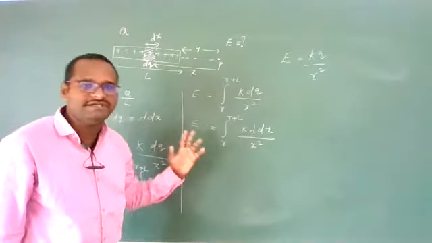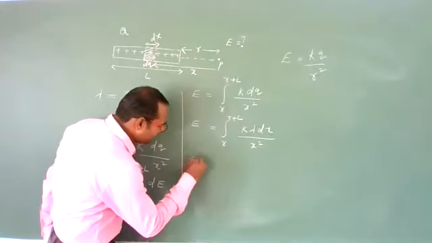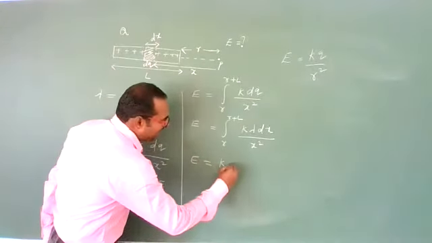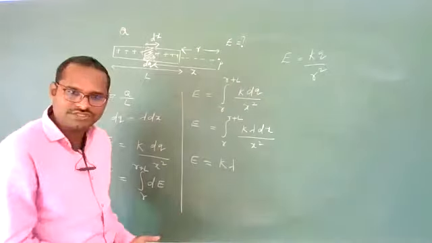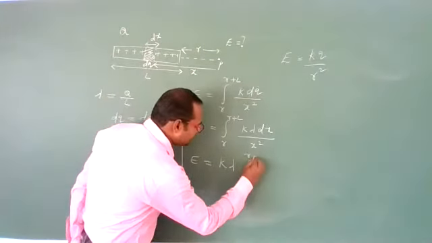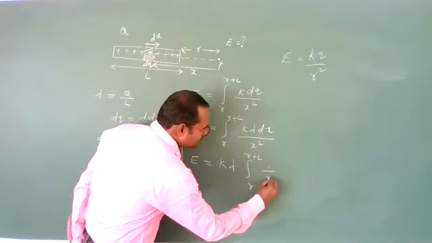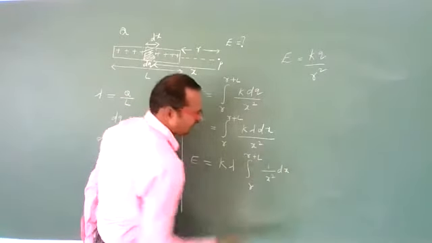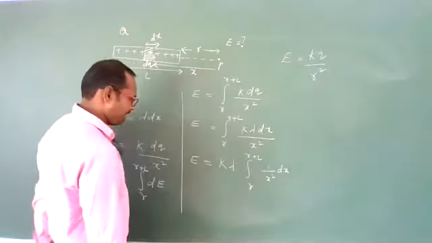We can take it out of the integration. And lambda is q by L, total charge by total length, which is constant. Again, lambda is constant, so we can take it out of the integration. So the net electric field will become k lambda, both constants coming out of the integration, times the integration from r to r plus L of 1 by x square dx. Are you getting it, students?